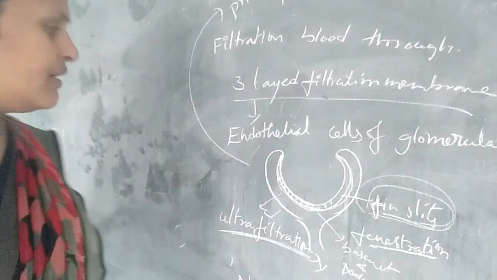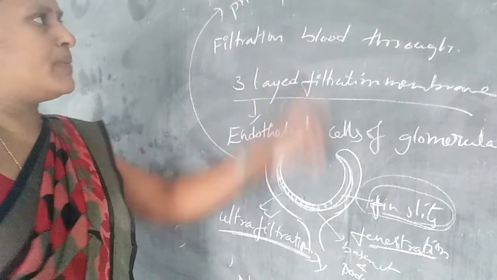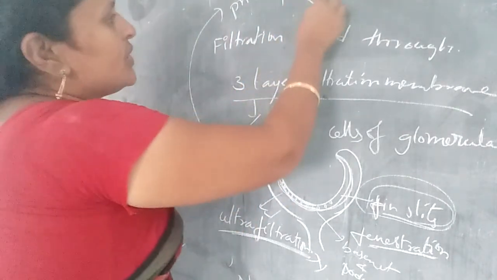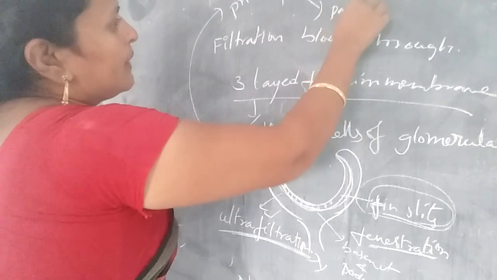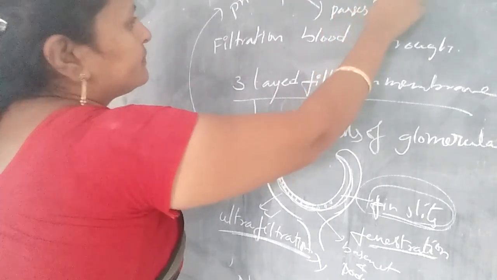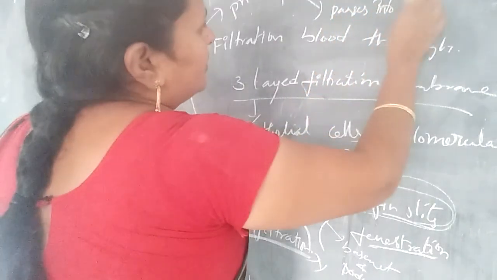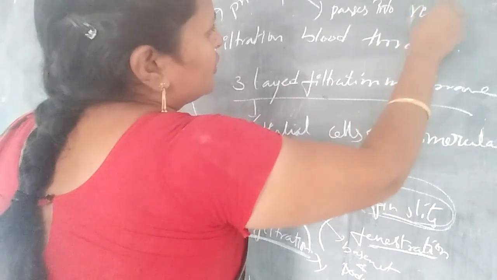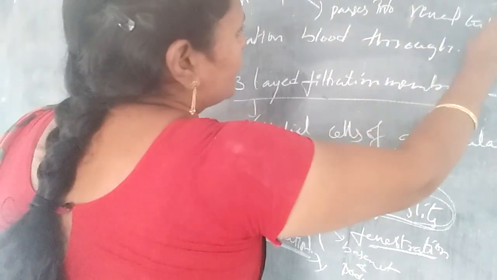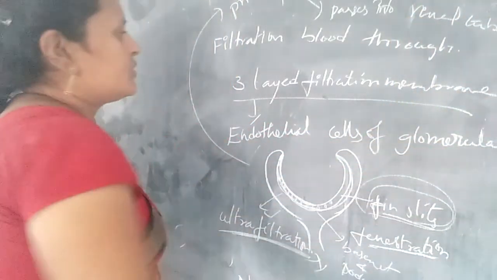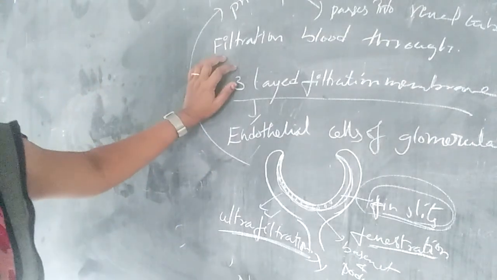The primary urine passes into the renal tubule. So this is the glomerular filtration.